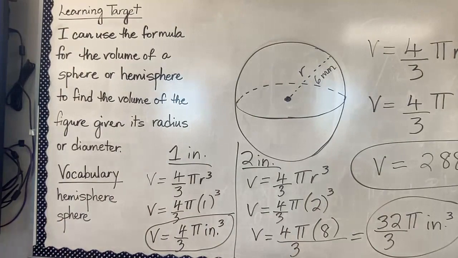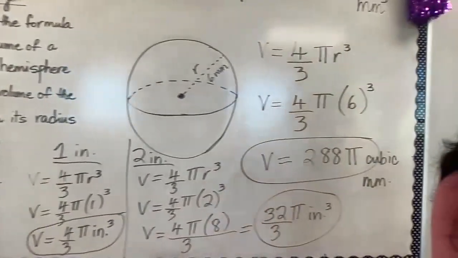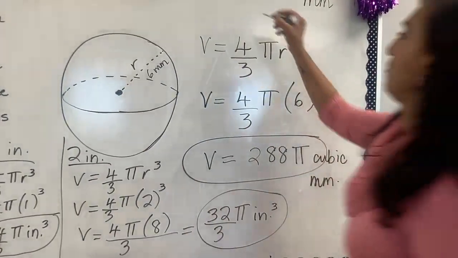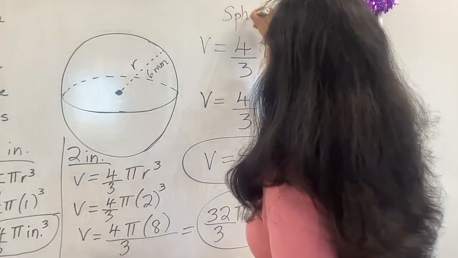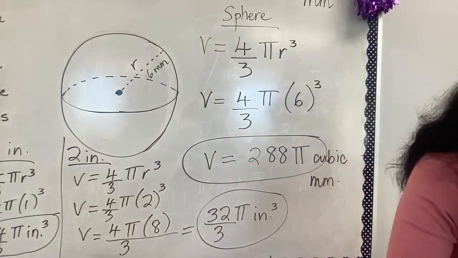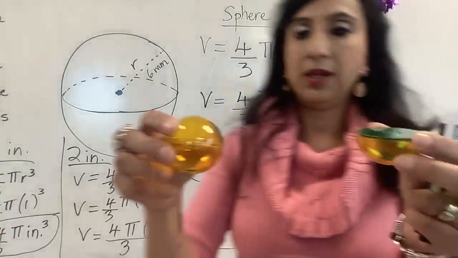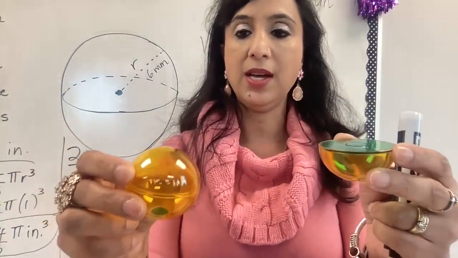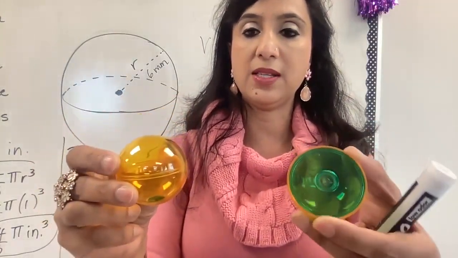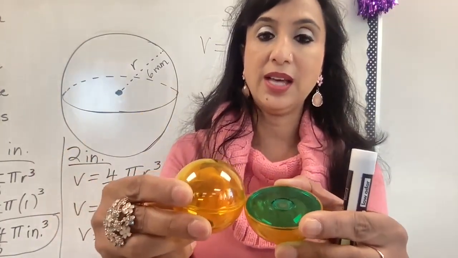Now, we've said this is a sphere over here, and this is the volume of a sphere. Let me show you the two models. This is my sphere and this is my hemisphere, which is half of that. So look, this is half of that.